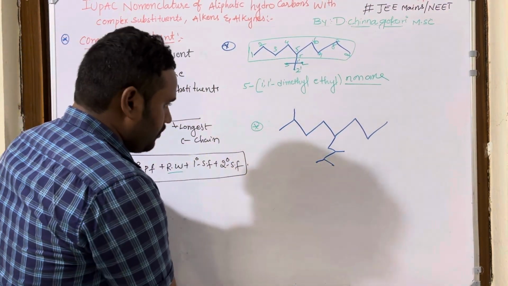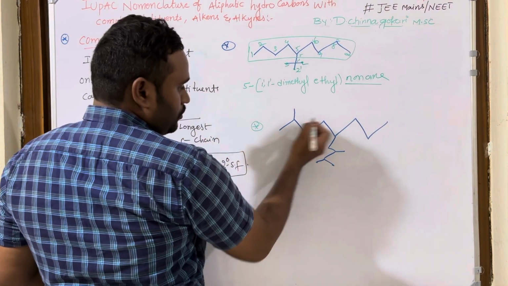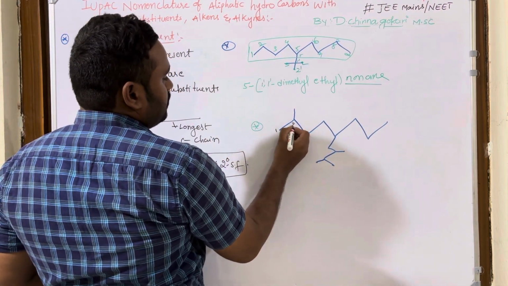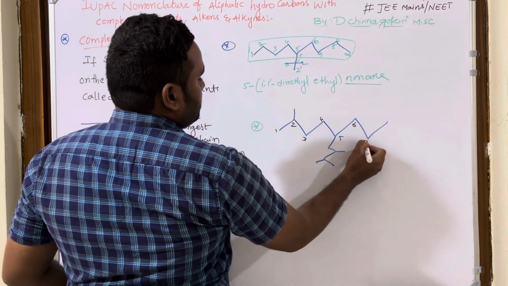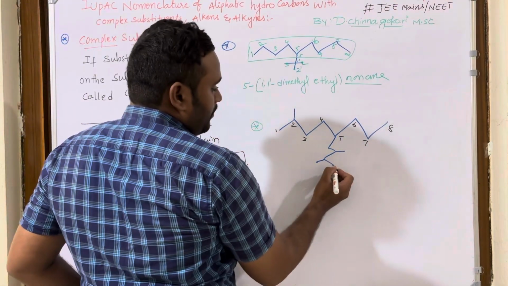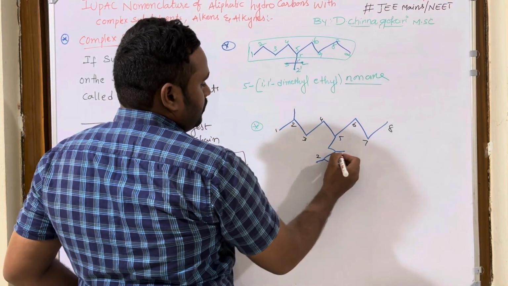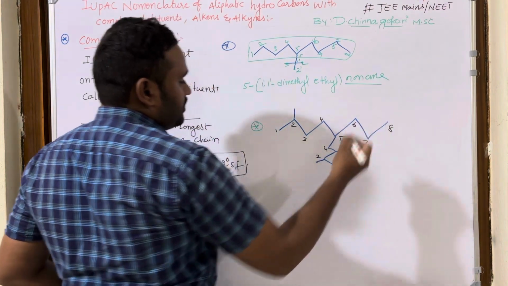First let us go in this direction: 1, 2, 3, 4, 5, 6, 7, 8 carbons. And when you come from the bottom, 1, 2, 3, 4, 5, 6, 7, 8.